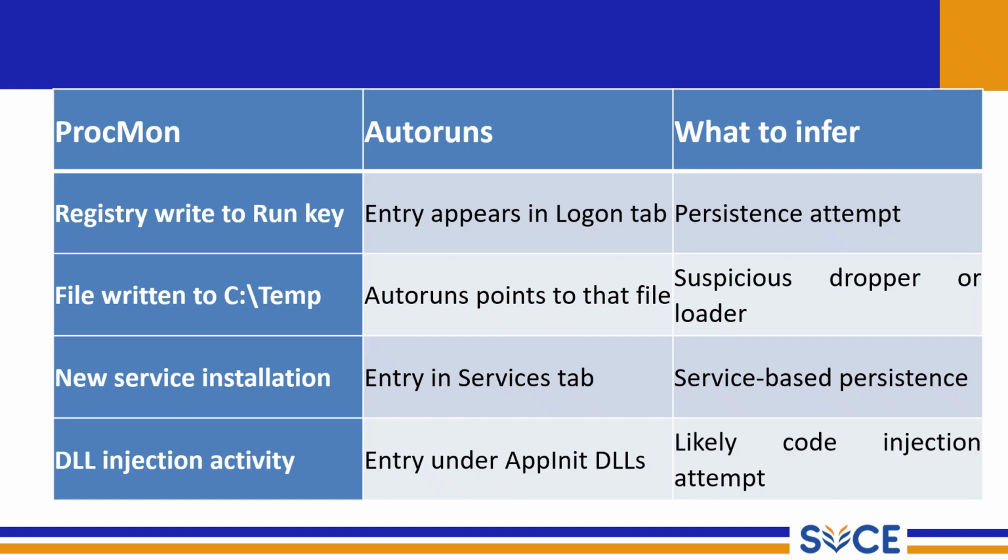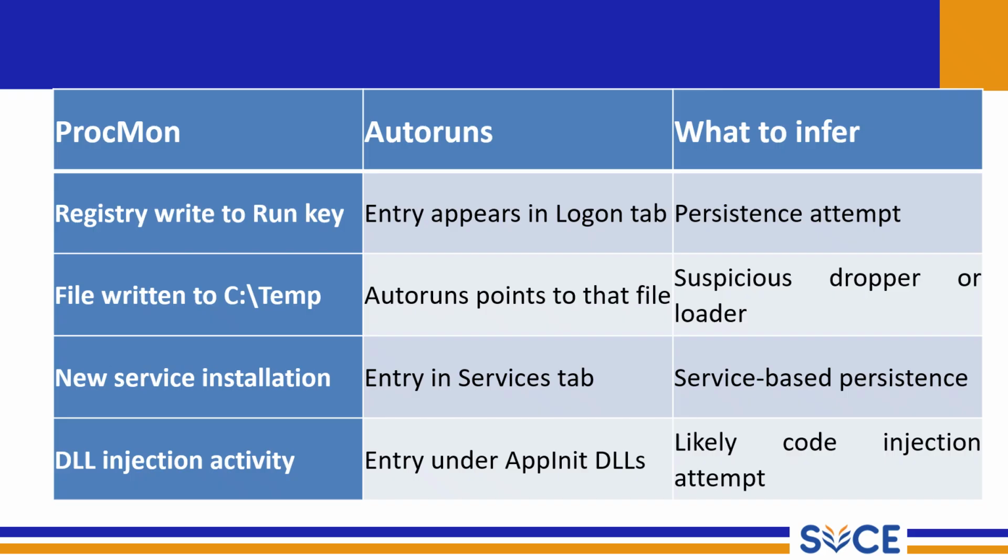Start with Autoruns to identify the suspicious auto-start entries, and use ProcMon to monitor the behavior of identified processes and correlate the findings between both tools. Create filters in ProcMon based on Autoruns findings, and document changes before and after the suspicious activity.